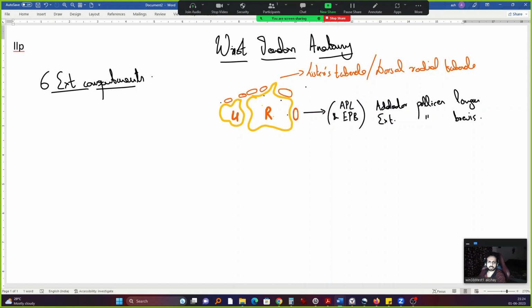Within the second extensor compartment there is ECRB and L, so this is extensor carpi radialis brevis and longus.